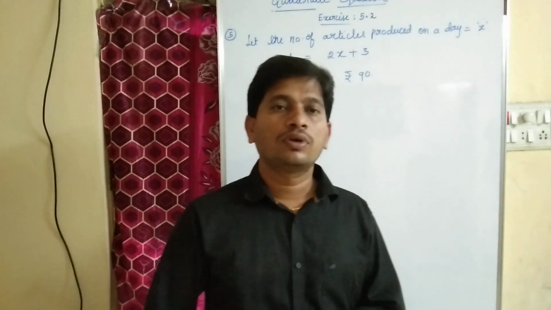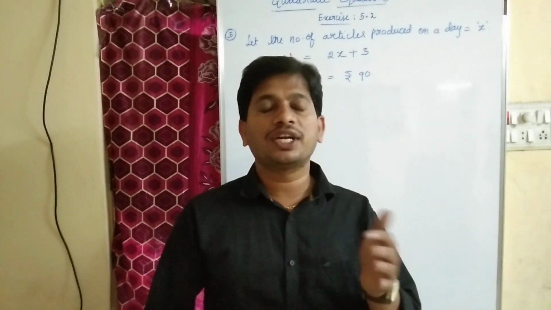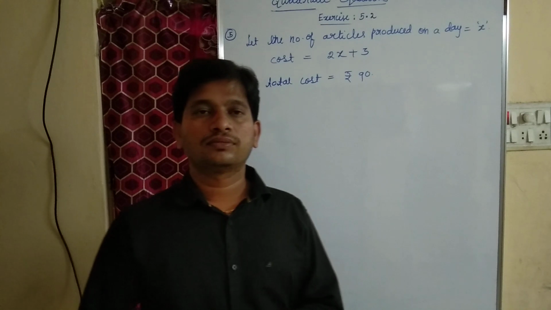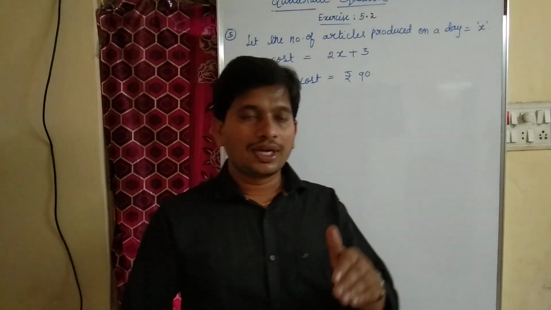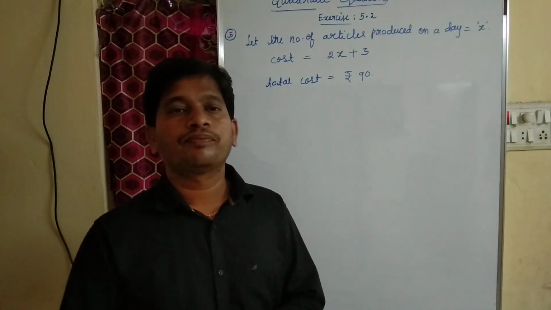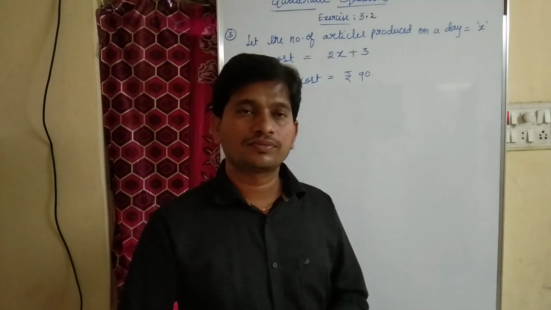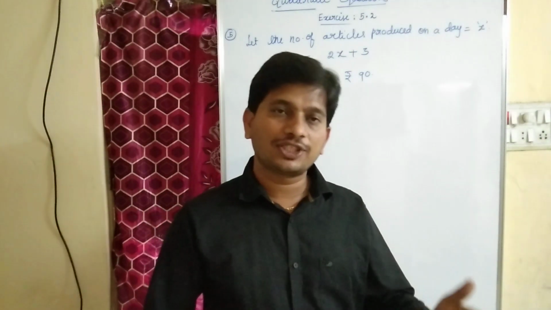How much amount will you pay to the shopkeeper? 5 into 20, that is equal to 100 rupees you will pay. Here also, let the number of articles produced by the pottery company be x and the cost of each article be 2x plus 3.